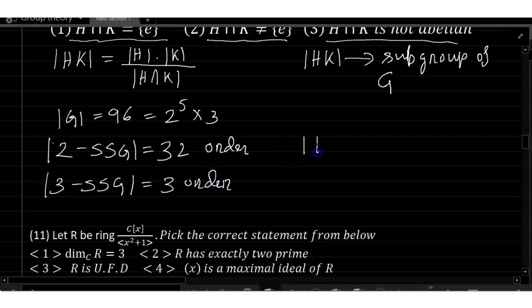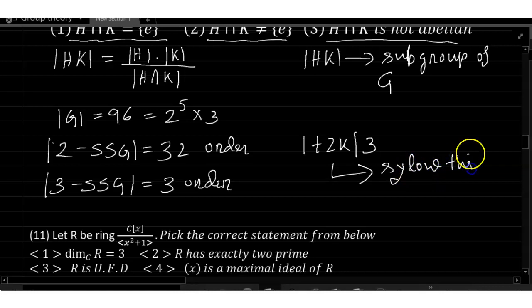Now 1 plus 2k is divisible by 3. This is the Sylow third theorem.